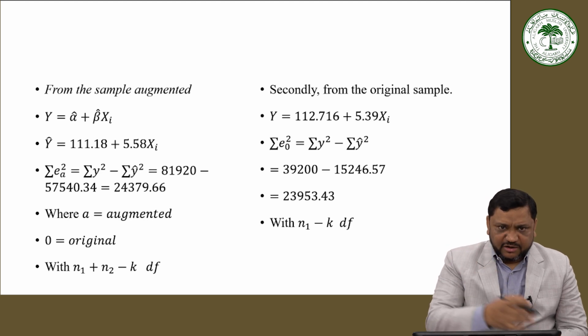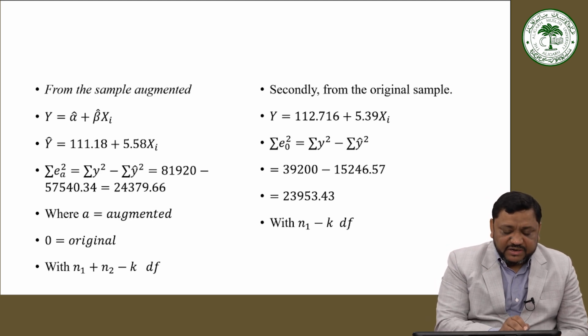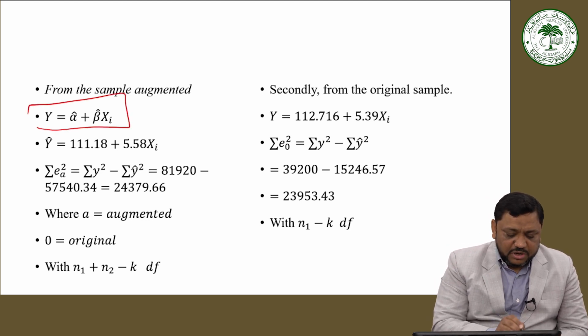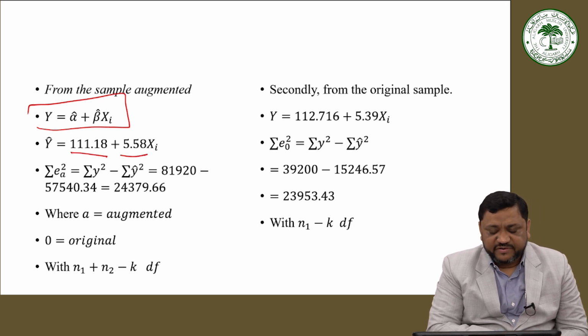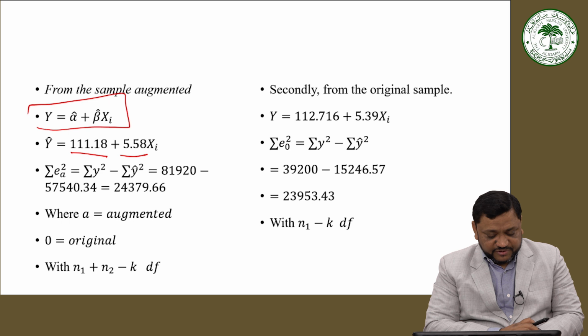So we do the calculation of regression from the augmented sample. The intercept is 111.18 and 5.58 is the slope coefficient.